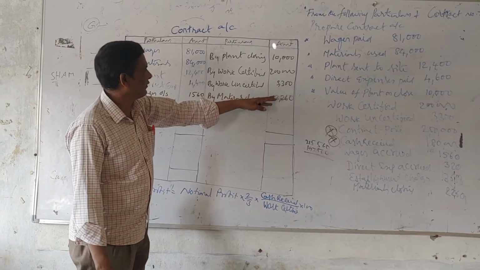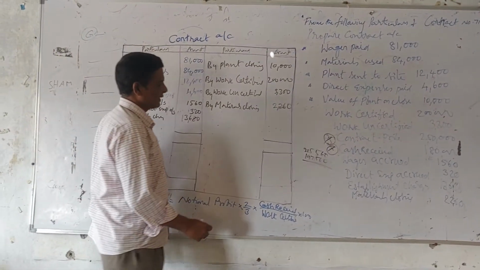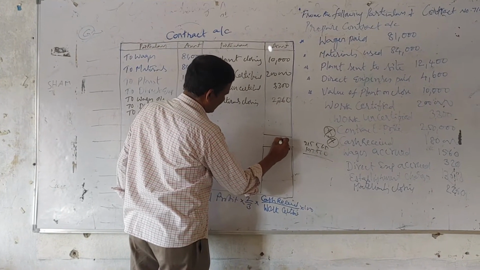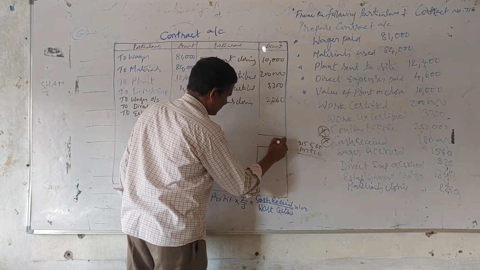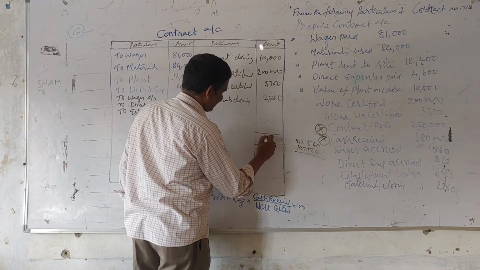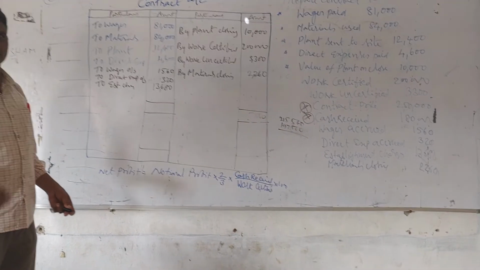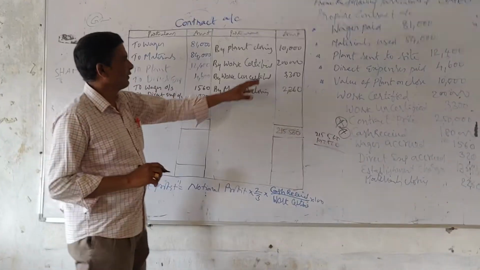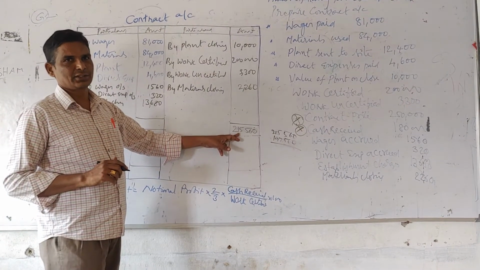So first, you know very well, this 2 lakhs here. The credit side seems to be more. When you add the credit side, you get 2,15,560.